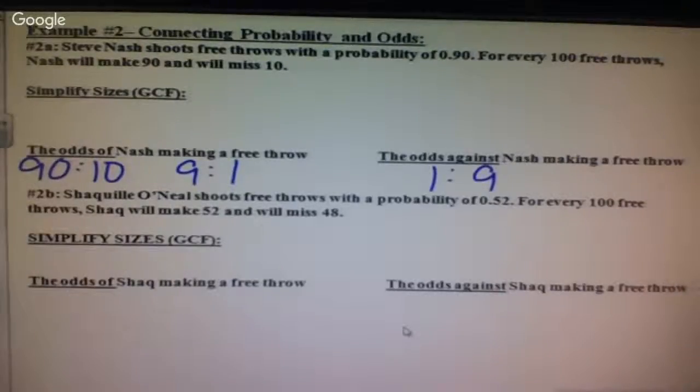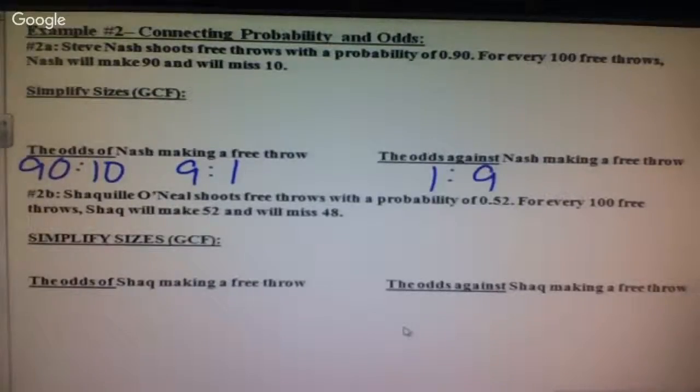Okay, so you've got to be careful of the wordings, because if it says odds against and you give me 9 to 1, your answer's wrong. Shaquille O'Neal shoots free throws with a probability of 0.52. For every 100 free throws, Shaq will make 52 and he will miss 48.